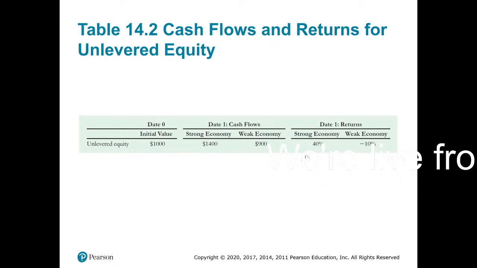So we have this kind of returns. So if we have the initial equity investment of 1,000, it may go up 40% or go down 10%, because remember the weak economy is at 900. So that's a decline.